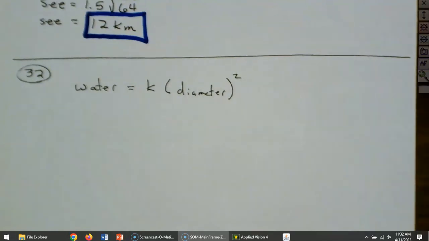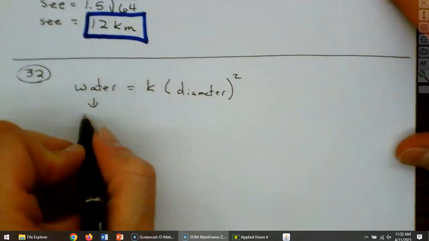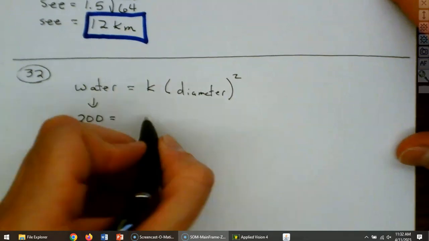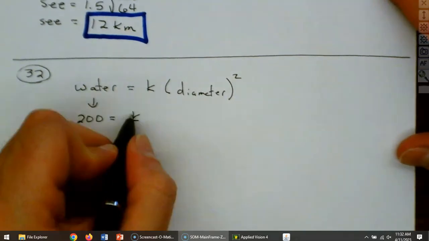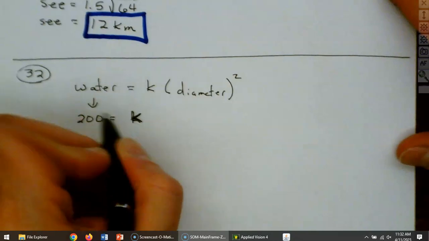So what do we know? We know for a certain constant rate of flow, a pipe will empty into the canal 200 gallons of water in an hour, and the diameter was 6 inches. So the water is going to be 200 gallons. K, which again is our unknown, we have to find that value.